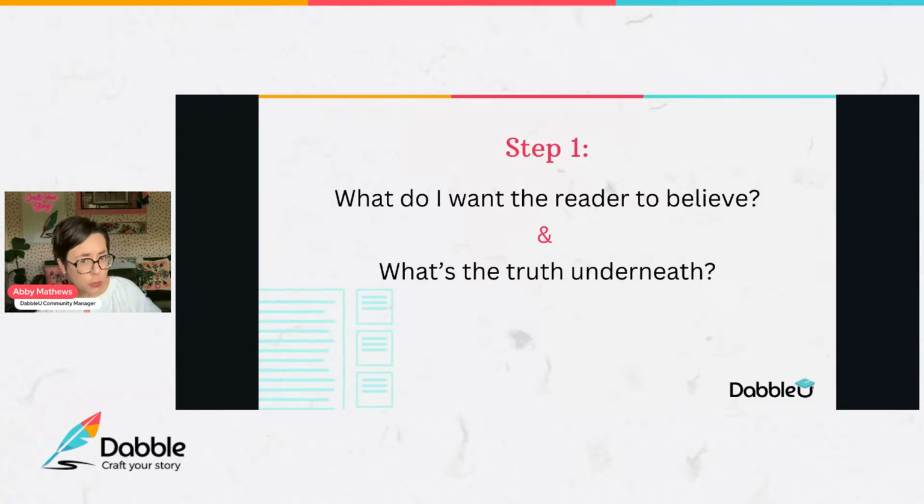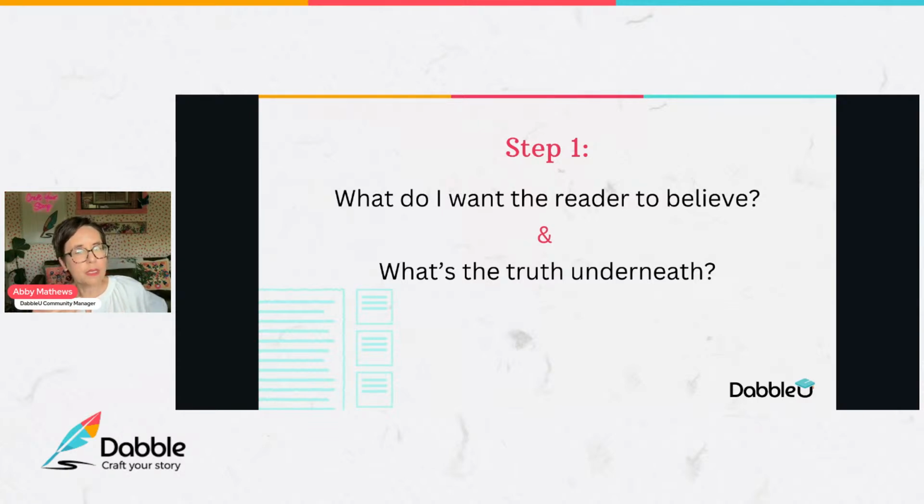The surface truth, remember, is what your protagonist and your audience believe to be true. It's the version of reality that seems consistent, comfortable, familiar, right? And then the hidden truth is the actual reality. Like, what is going on that flips our understanding once it's revealed?